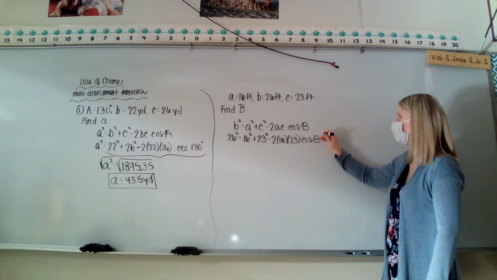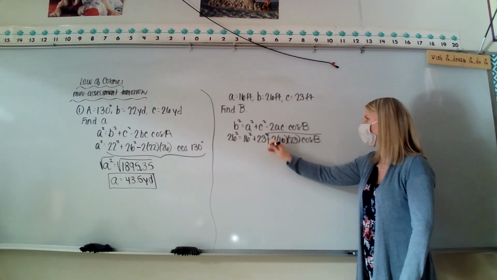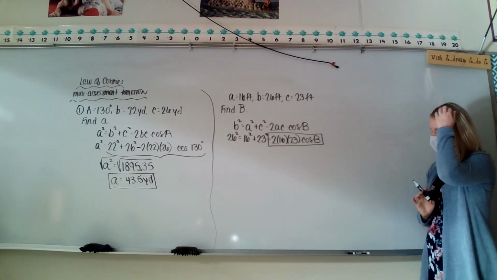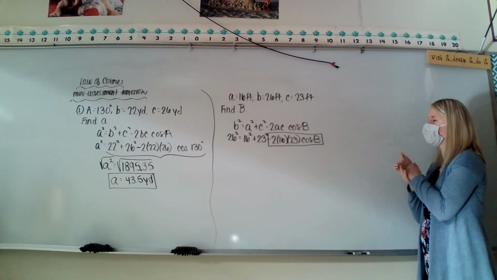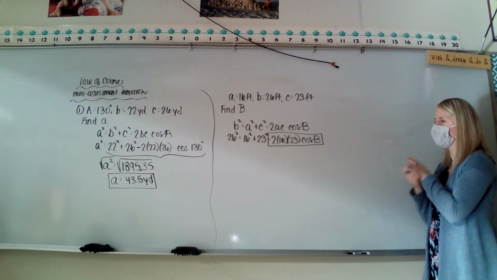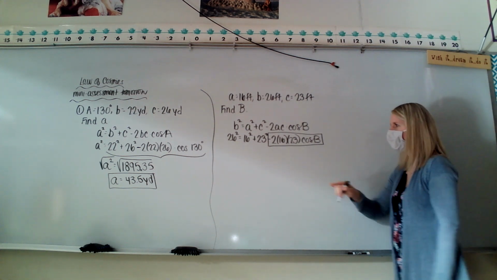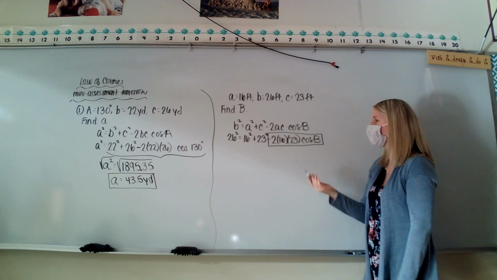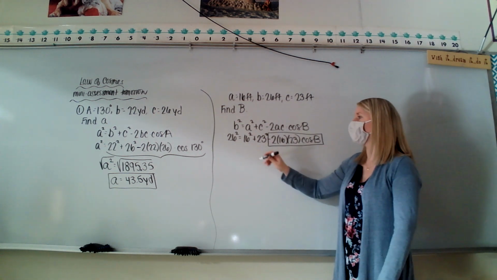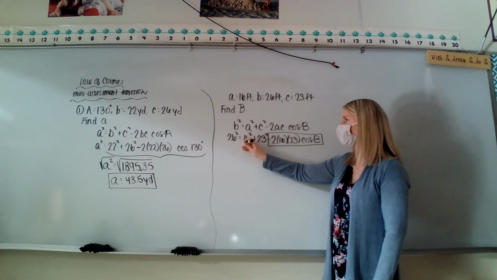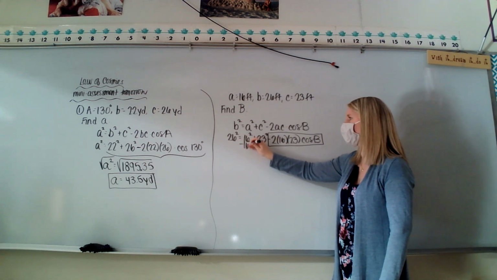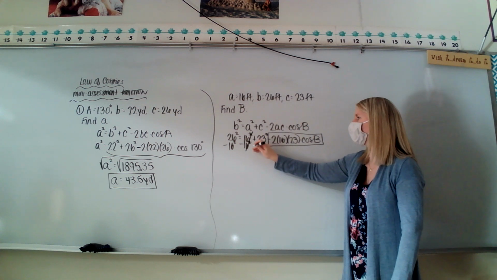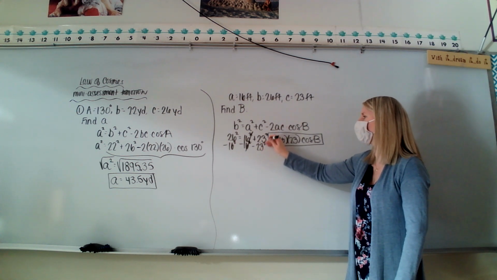I remind myself these are stuck together with multiplication, so you can't just start moving things. But these two things are just sitting here, so I want to get rid of those first. We call those constants. I move them by adding or subtracting. Since they're both positive, I'm going to subtract them. So I subtract 16 squared, and I subtract 23 squared.